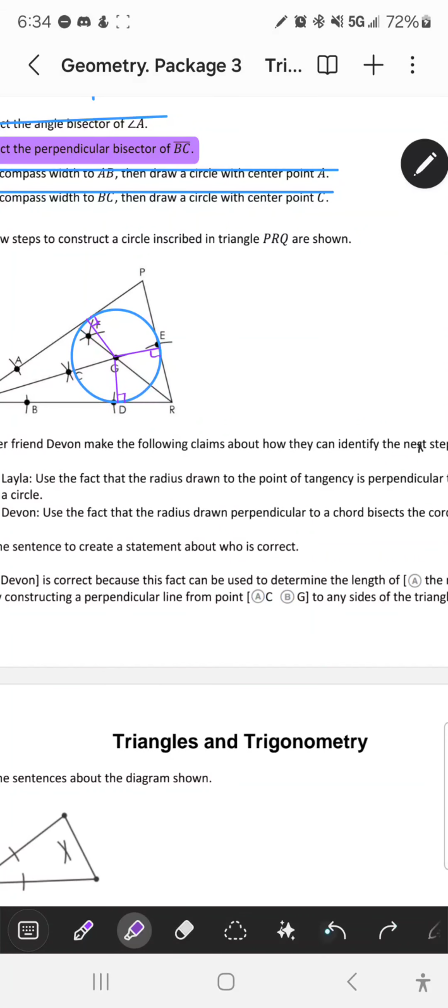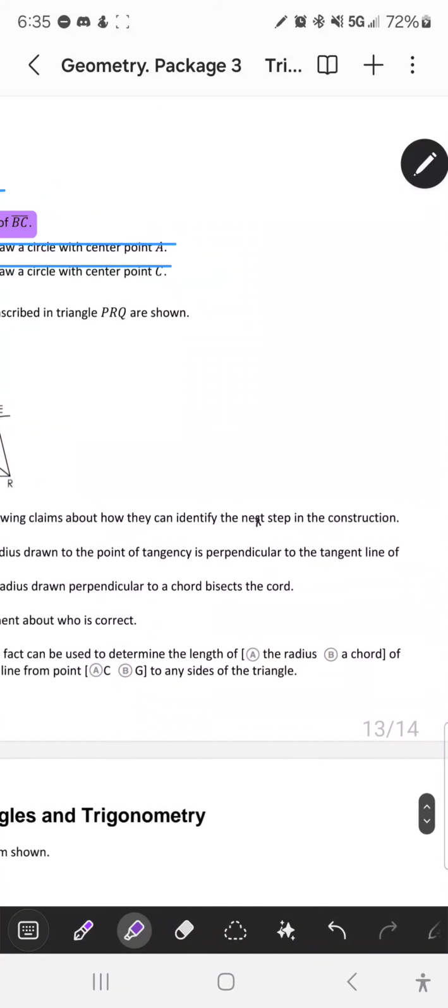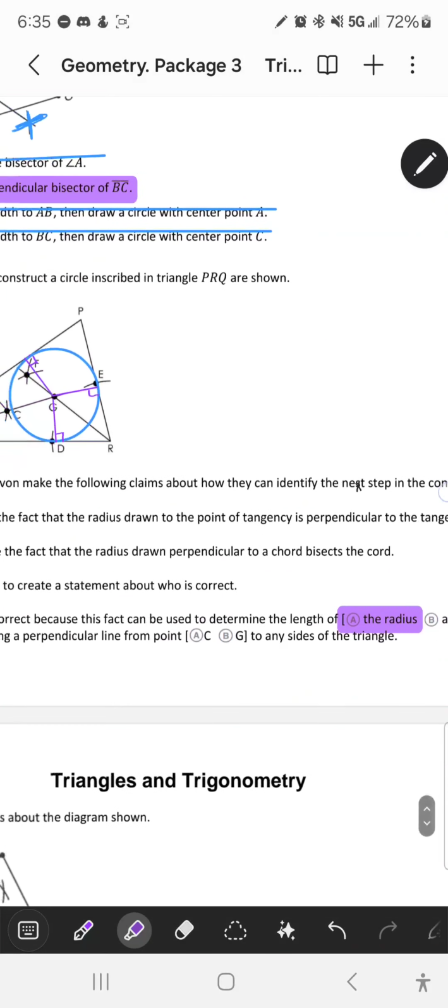You don't need to know the specific angles to calculate that one, but you do need them to calculate the chord, because it's a long process. So it is a radius, because for the chord you need more data.